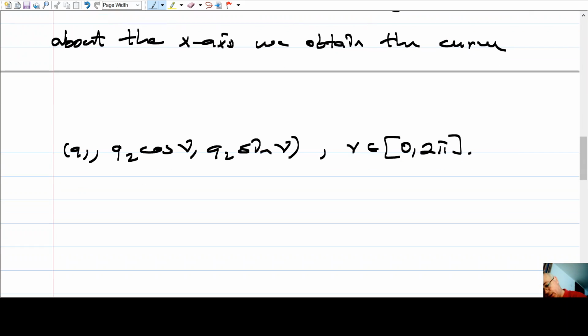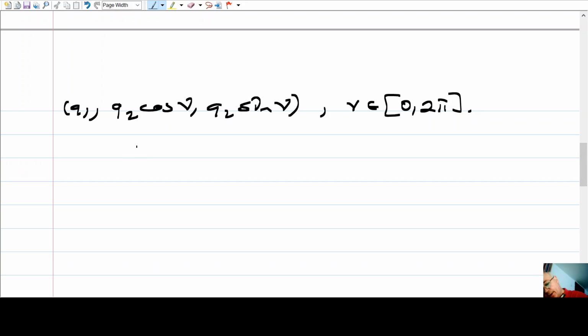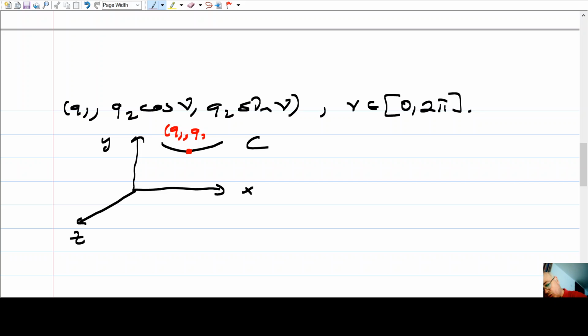So let me explain what we have. We have the 3-space here, and we have the xy plane, and let's say this is the z-axis, and I have a curve C in the xy plane, and we have a point. Let me denote it like this, point Q. This is the point Q1, Q2, and 0. It's in the xy plane.